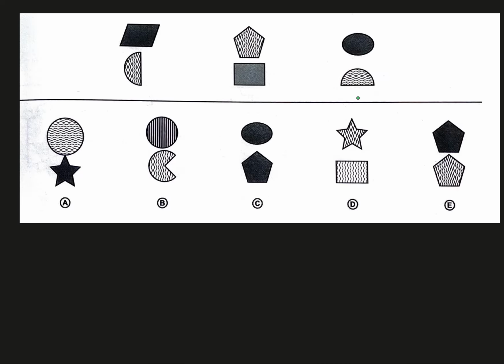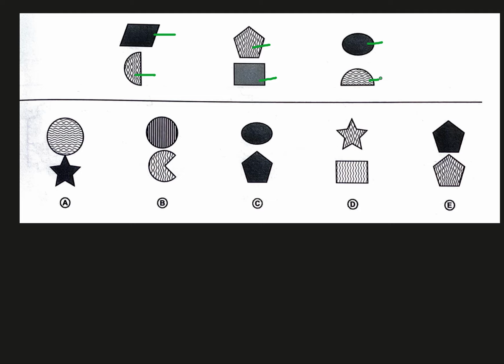The third problem is where I see 2 figures given, and one figure is filled solid, and one has straight vertical squiggly lines.